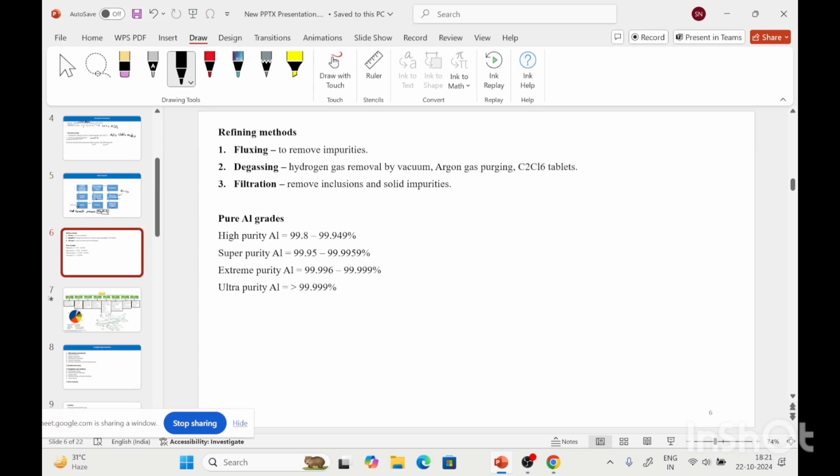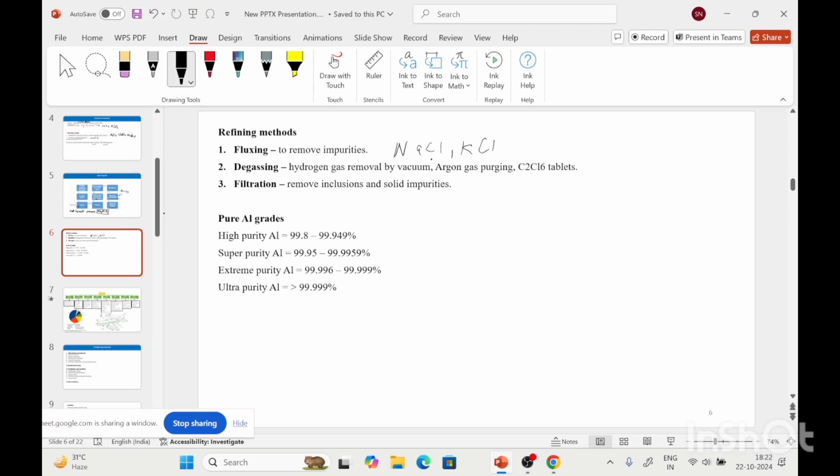Next, the aluminium obtained from the Hall-Héroult process is further refined by different processes. First is fluxing. Fluxing is done to remove impurities. In fluxing, generally NaCl and KCl are mixed with the liquid aluminium.